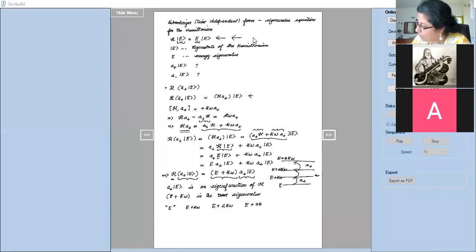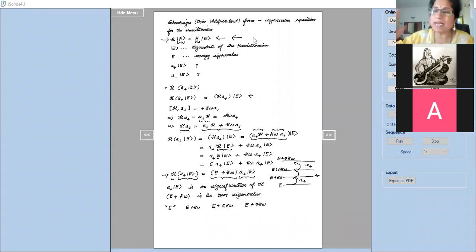So what I'm trying to say is that A plus and A minus, I've not yet shown you the action of A minus, but they are operators which are going to help you solve this equation on the top. I put an arrow now from the other side.